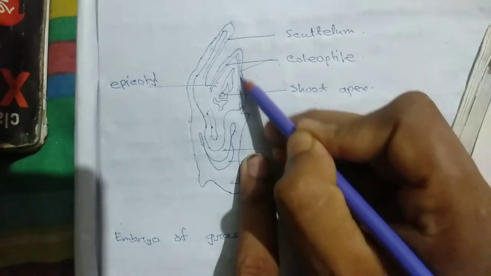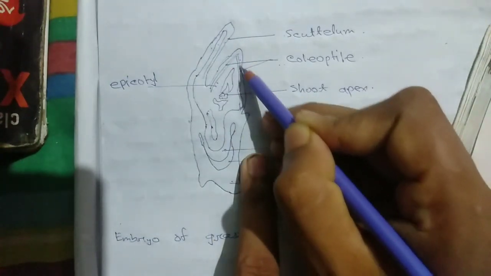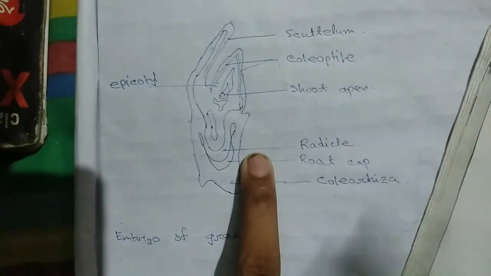Here, see this place: the leaf primordial structure is known as the coleoptile.